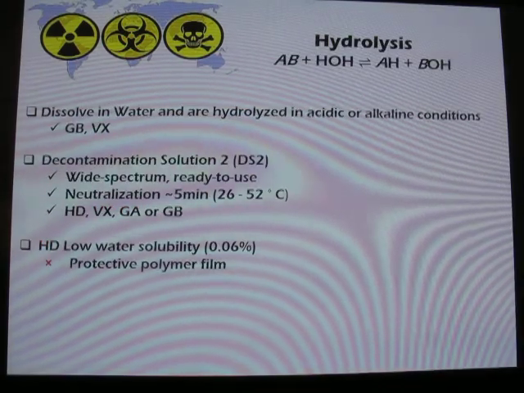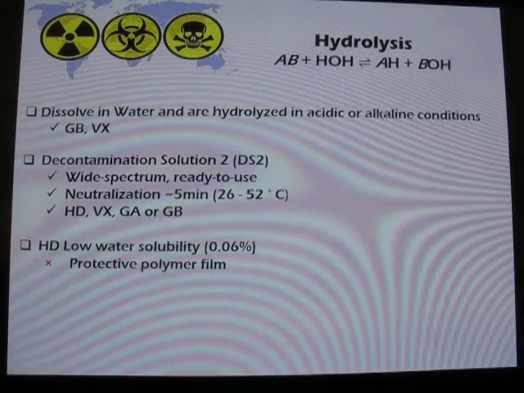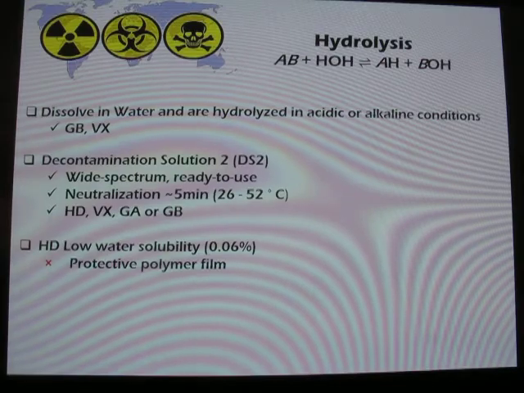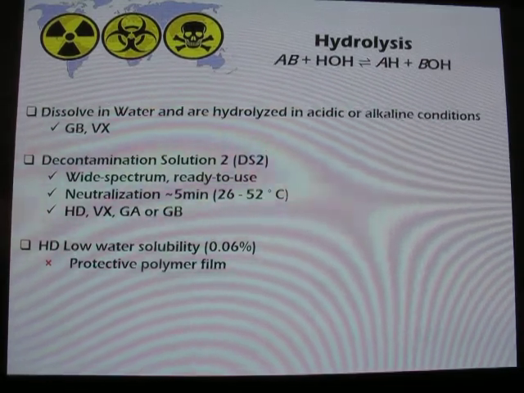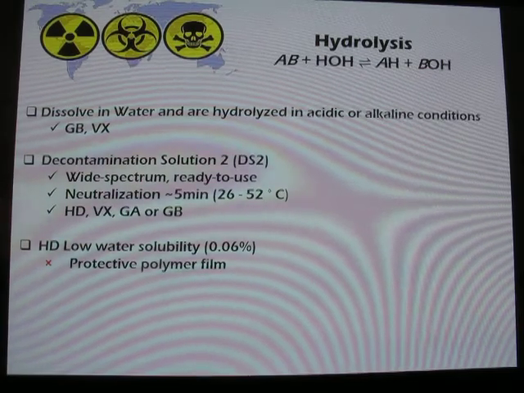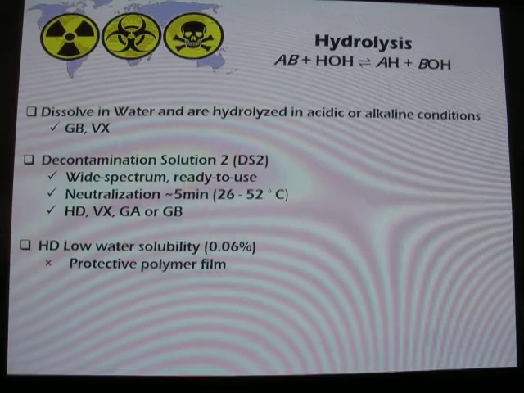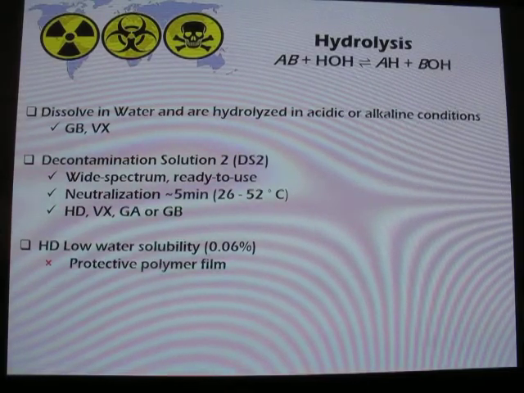Next, we look at the hydrolysis. What is hydrolysis? A very simple concept. Hydrolysis is dissolving in water or reacting with water. So, imagine Kami has been busy in his spare time and has invented this horrifying chemical warfare agent.